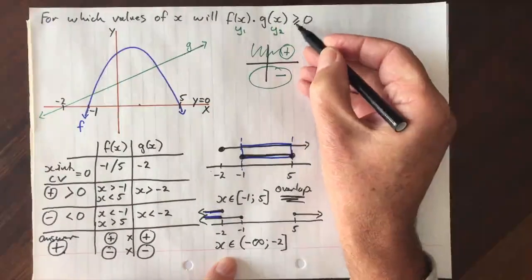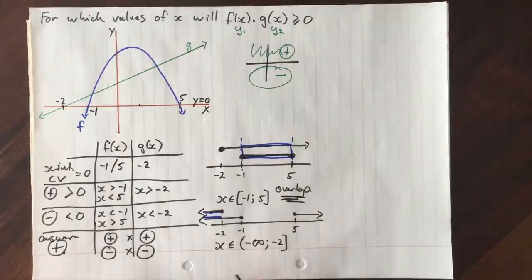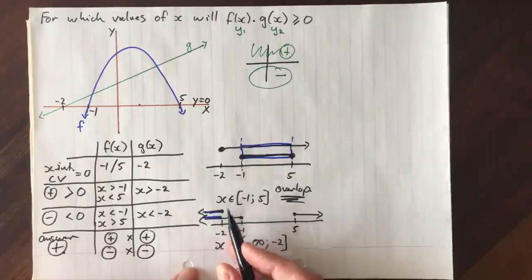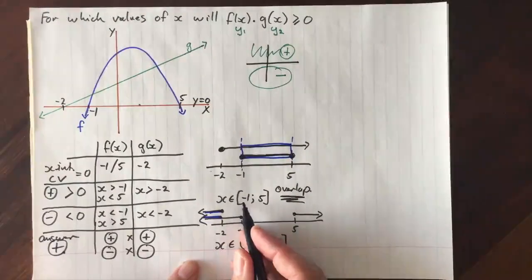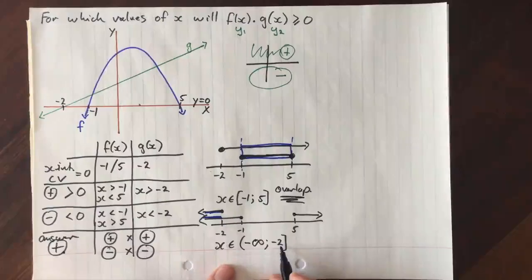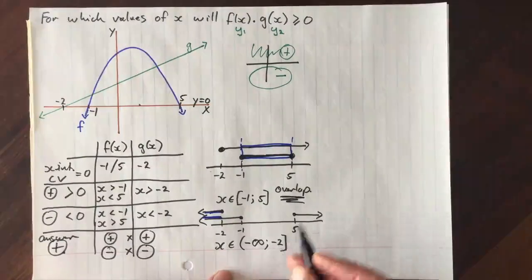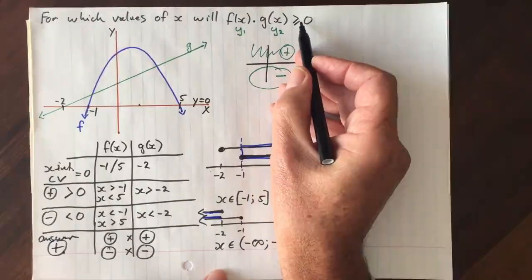Remember, we're working with the equal sign as well. Right, and that is my answer. I can just rewrite it: x element of [-1, 5], or x element from negative infinity up to -2. Right, that was for f times g greater than or equal to 0.